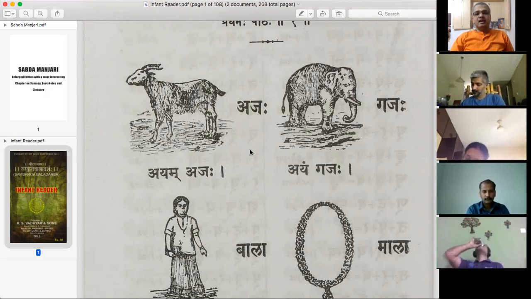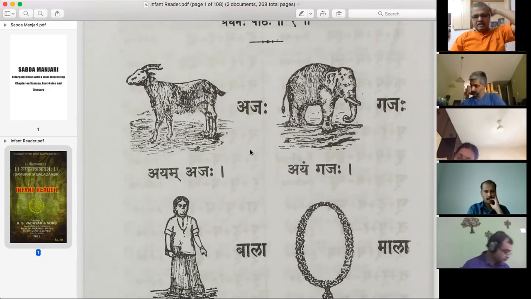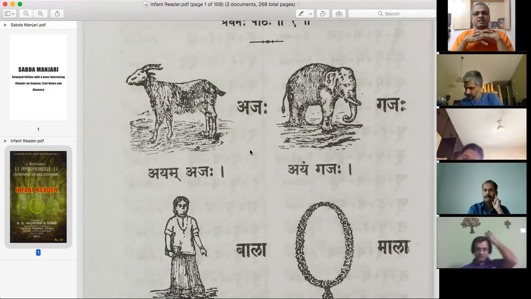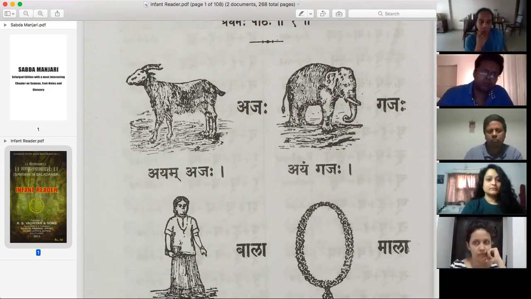So Ajaha. Again, what this lesson is trying to do is introduce nouns. So Ajaha is what case? First case, Ramaha. Whenever you see a noun in a sentence, you have to start thinking in terms of cases.